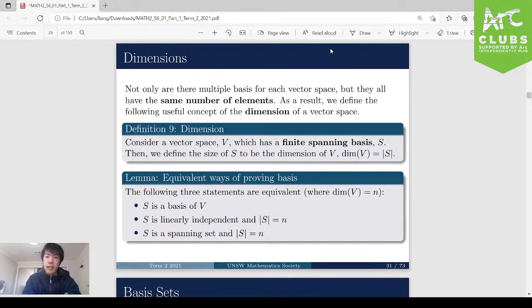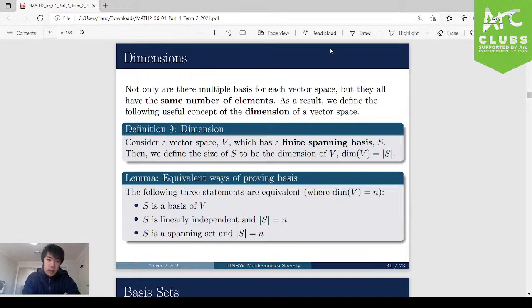So we're saying here that any one of these spanning sets or any of these bases, to be more specific, all have the same number of elements, and so the dimension of that vector space can be expressed as that same number of elements. Yeah, so whatever the size of that set is, that's what we call the dimension.